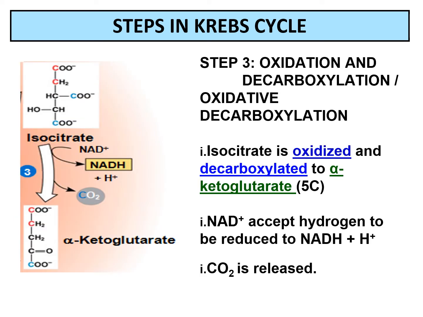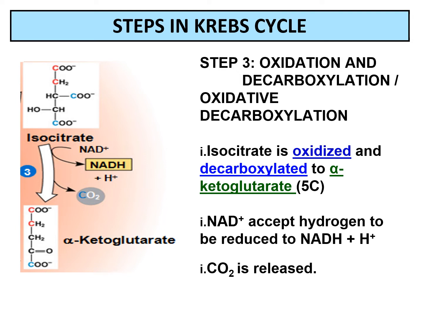Step 3 involves oxidation and decarboxylation. Since this occurs in the presence of oxygen, it is also termed oxidative decarboxylation, and it also involves the redox reaction. Okay, let's look at where the redox reaction is involved.